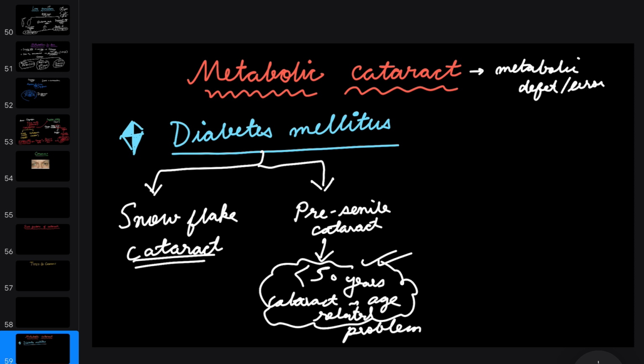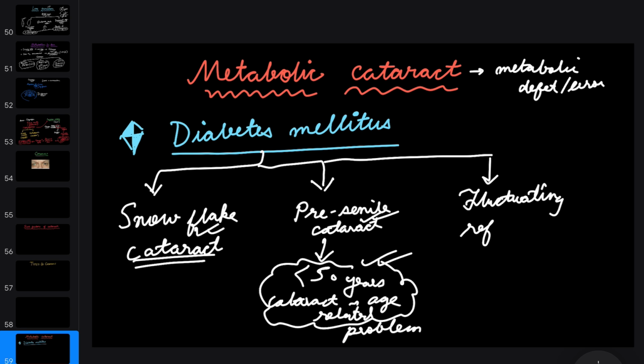Now the other pathologies. So these two are cataracts, so these are both opacification of lens. What other structures in the eye does diabetes mellitus affect? Basically, you might get something called a fluctuating refractive error. What does this mean?